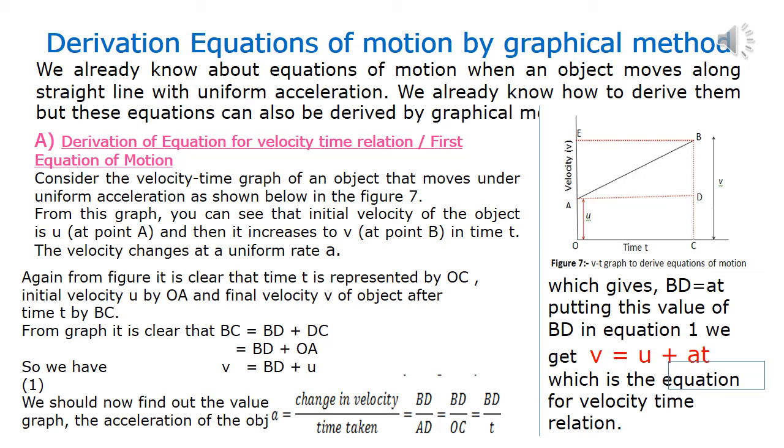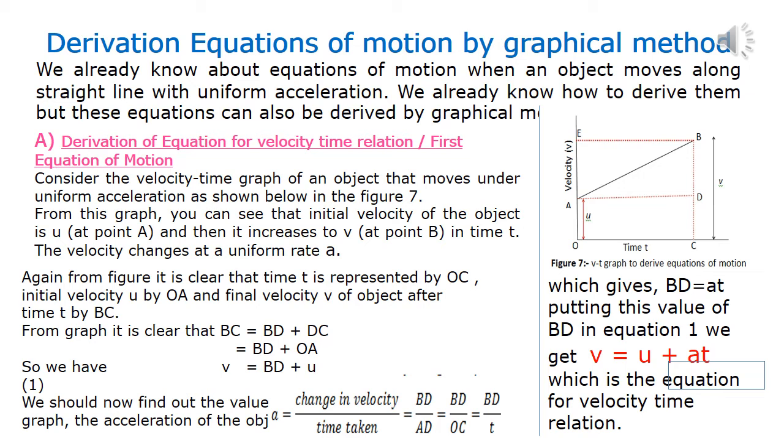Now we know that acceleration is equal to change in velocity by time taken, and acceleration can be found by the slope of the velocity time graph. The slope of the line AB is given by BD by AD. Instead of writing AD, we can write OC, because AD and OC are opposite sides of the same rectangle.